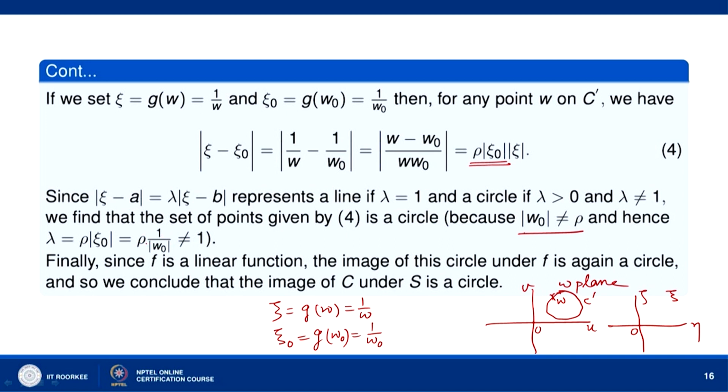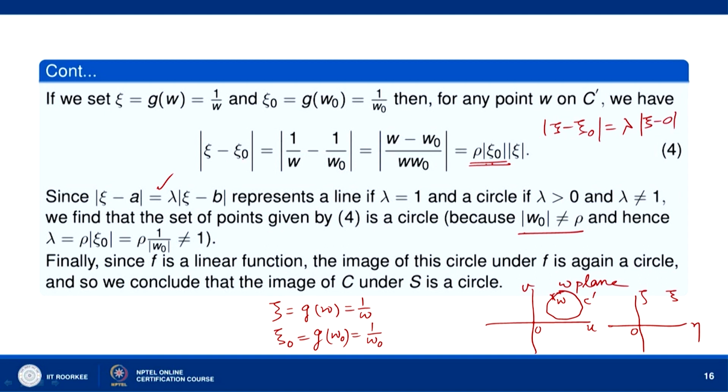Because of this, rho into 1 over mod of w naught is not equal to 1, that means lambda is not equal to 1. So, mod of xi minus xi naught equal to lambda times mod of xi. Now, this can be compared with this equation: mod of xi minus a equal to lambda times mod of xi minus b.